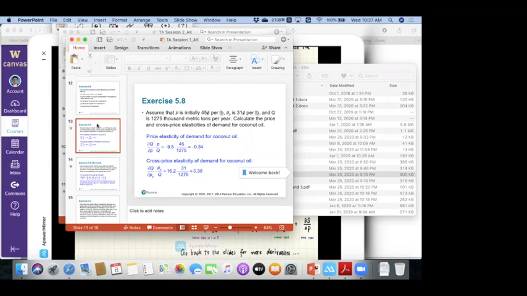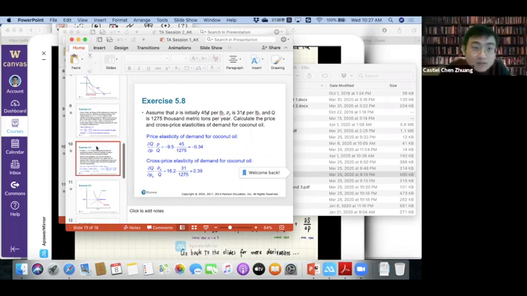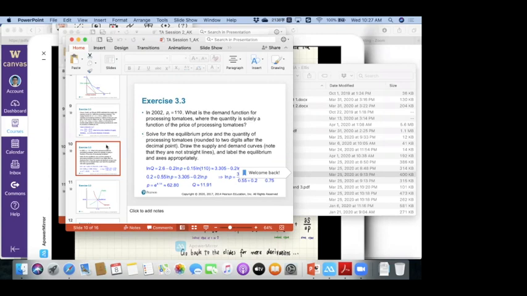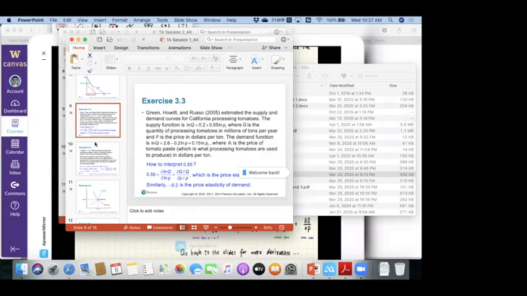Oh, the tomato question, 3.3? Yeah, I think so. It was the partial derivative of ln q with respect to the partial derivative of ln p, and then the answer is negative 0.2.